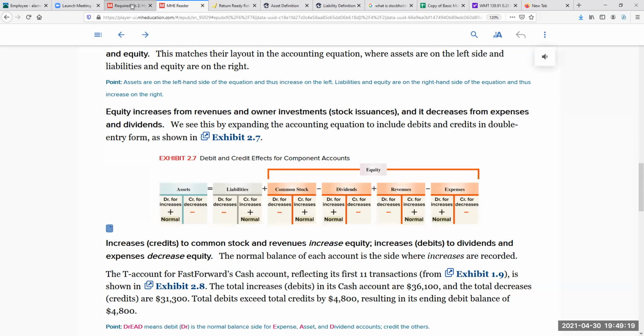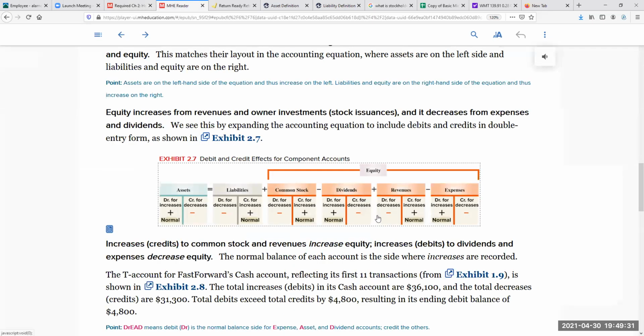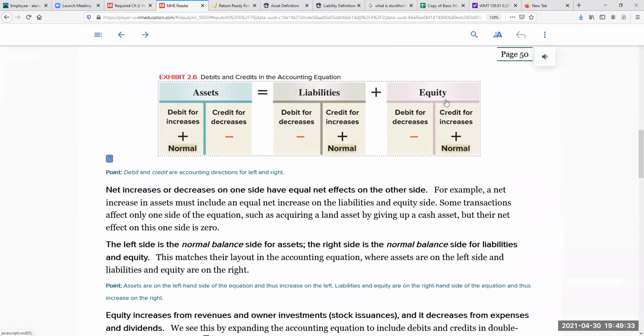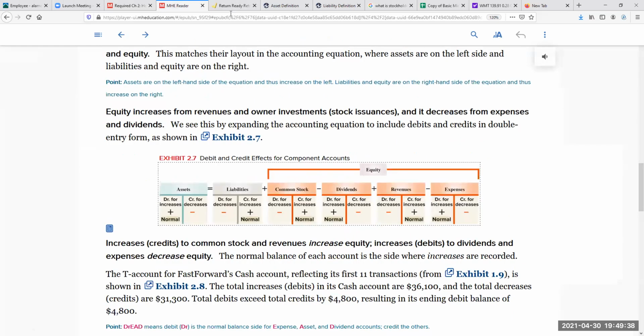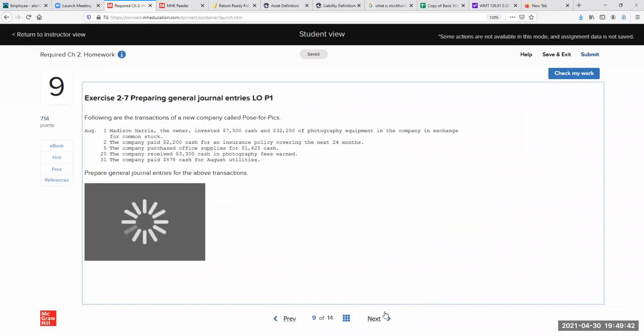They're increased on the left side, a debit. So the normal balance is a debit. So just continue going down the list one at a time. And if you have to, refer to page 50 of your book, Assets, Liabilities, Equity. There's some of the rules, and here's some more detailed rules. All right, let's go on to number 9.